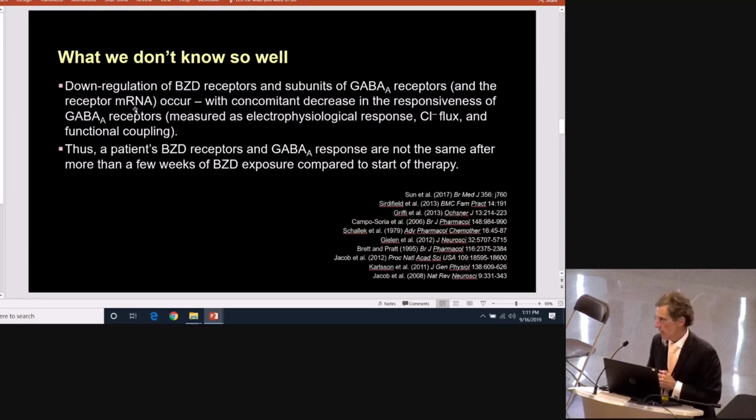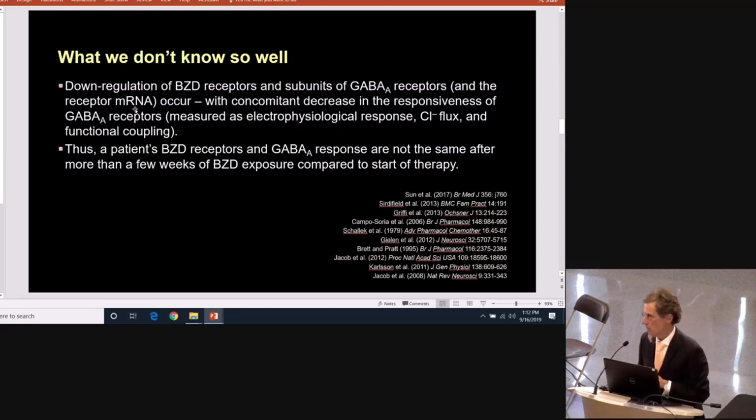But certainly when you give a drug beyond 4 weeks, there's going to be changes in the receptors. The body is just not going to respond the same way as it did on day one. So there's no question there's down and up regulation of these GABA receptors and the benzodiazepine receptors. Their numbers are physically changing. The body is adapting to what you're doing to it.